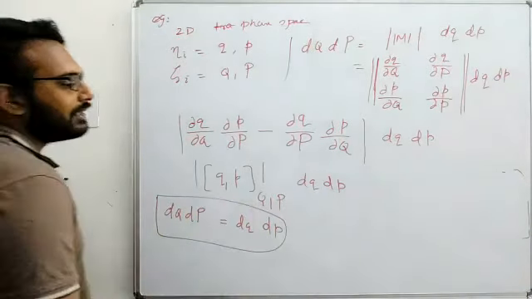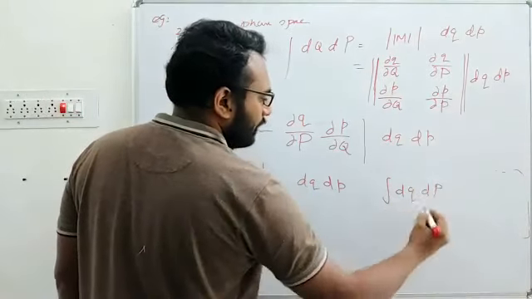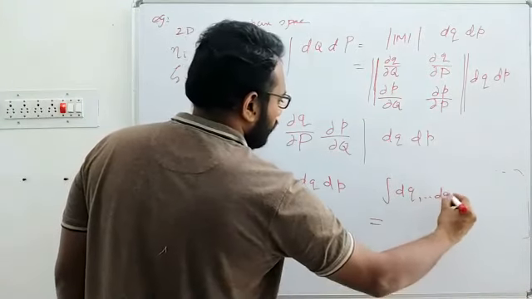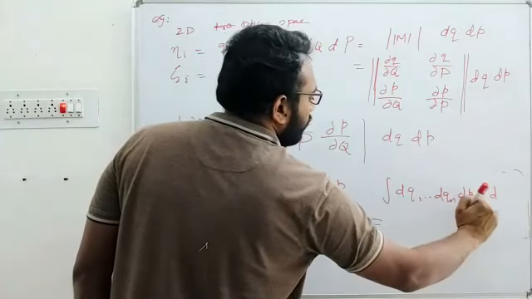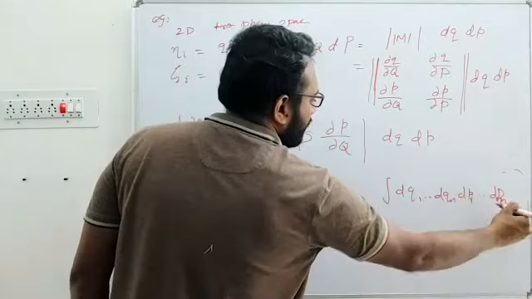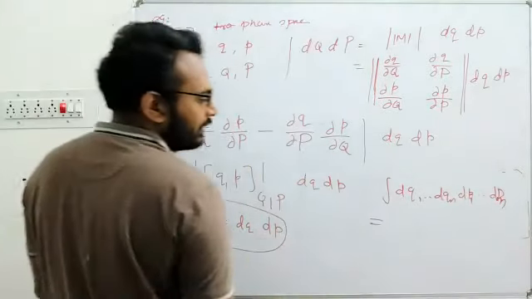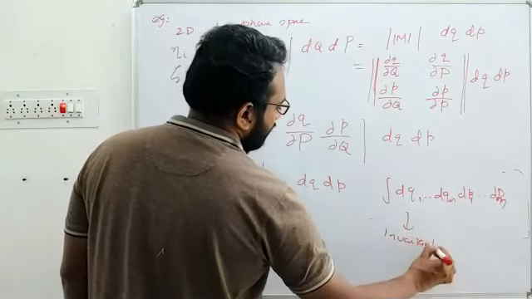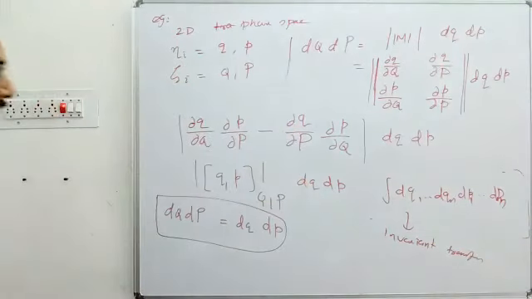Now, if a volume element does not change, then if you take a volume integral of dq dp, or generally dq1 to dqn and dp1 to dpn, this infinitesimal volume, if you integrate, you get that this is also invariant under canonical transformations. So volumes are invariant under canonical transformations.